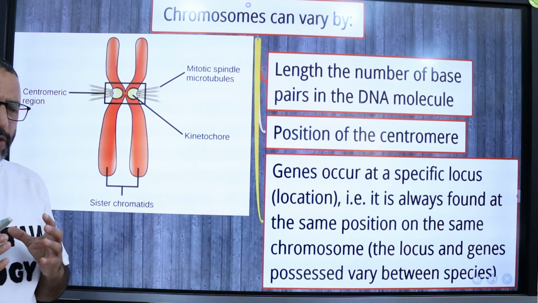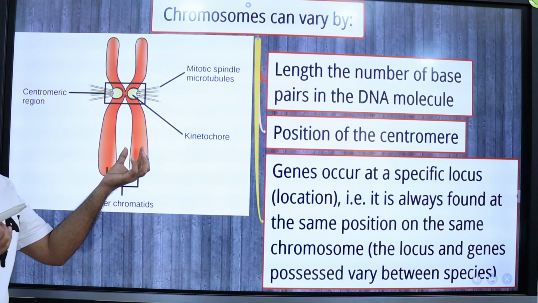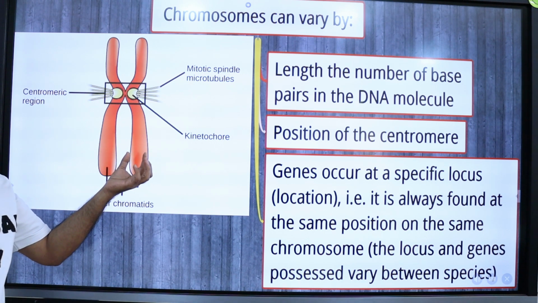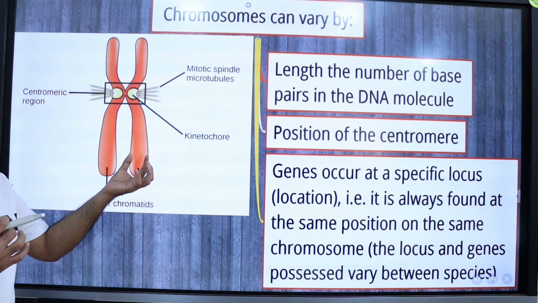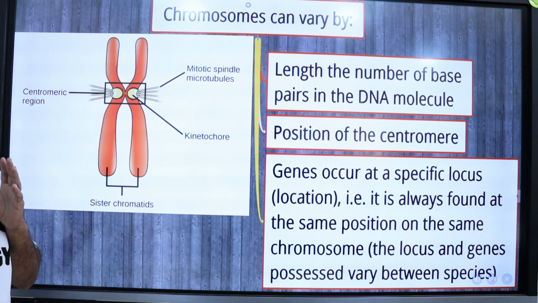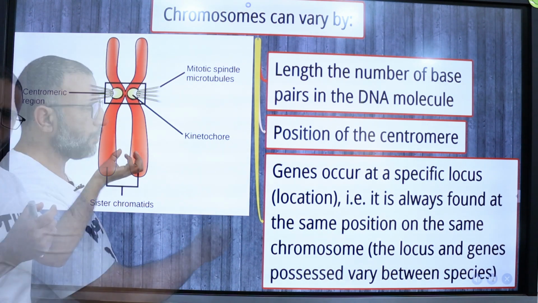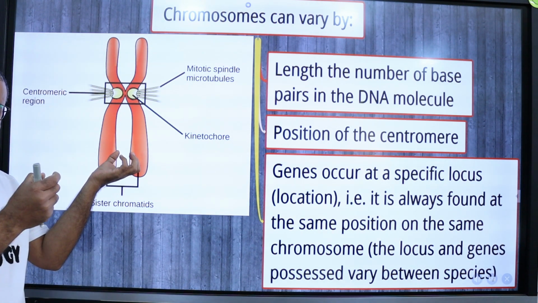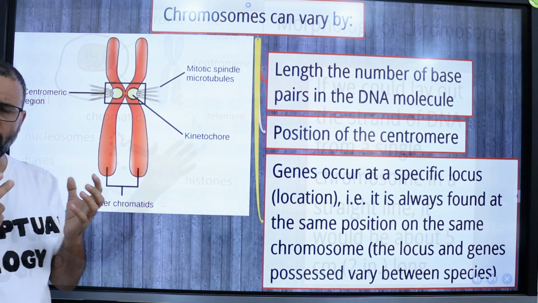A locus is the specific location of a gene on the chromosome, like a genetic street address, and the plural is loci. The place in chromosome where gene is located is called locus. So locus is the home of a gene.